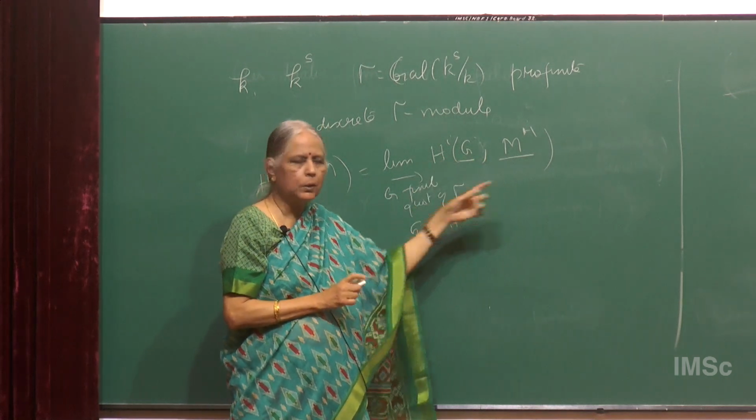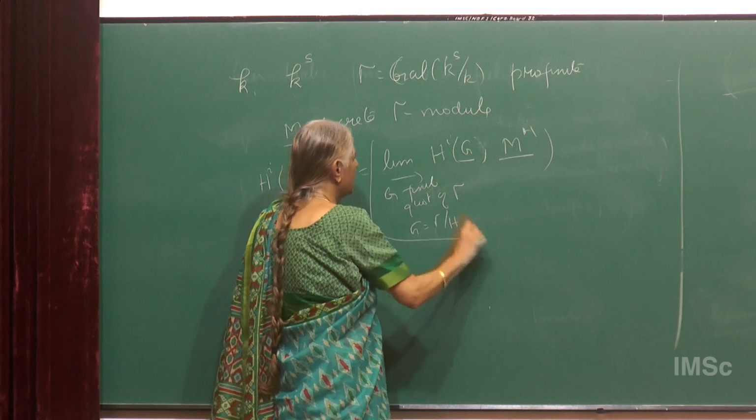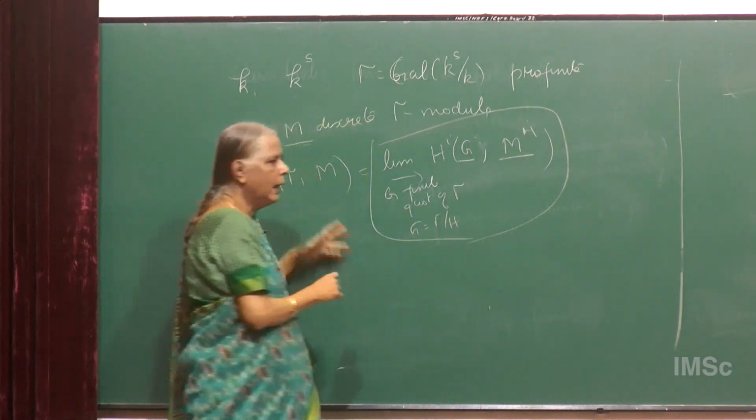You take these cohomology groups and you take the direct limit. This is simply the Galois cohomology.